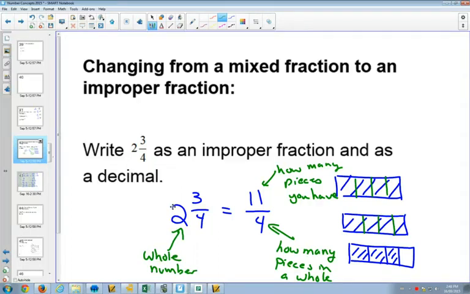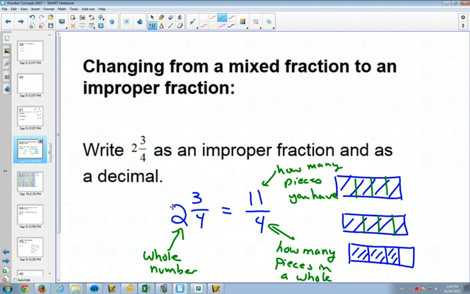And the fraction part says we don't have enough for another full chocolate bar. We just have 3/4 of that other chocolate bar left. So 2 3/4, you could show it as 2 full chocolate bars and 3/4 of a chocolate bar is left, which is 3 pieces when a whole one makes 4 pieces. Or you could write it as an improper fraction, which is 11/4.